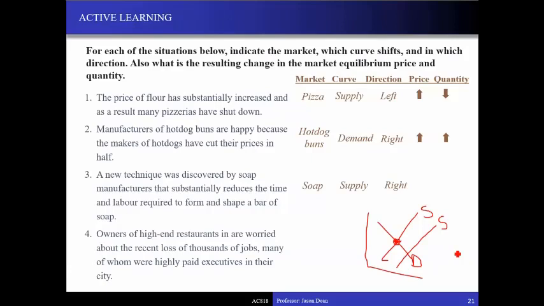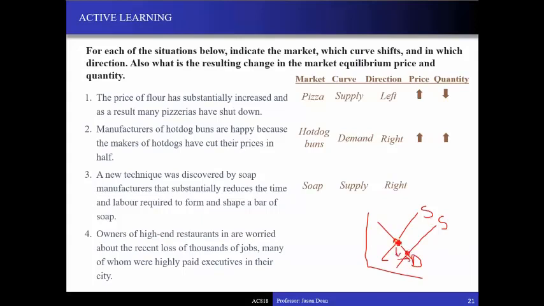Well, the good is less scarce. There's more of it around for people trying to sell it, and people don't want to buy any more of it at the same price. You would expect the price to fall and there'd be more exchanged in the market. It just kind of makes intuitive sense, and that's exactly what the model predicts. It predicts that the price would fall and the quantity would increase.